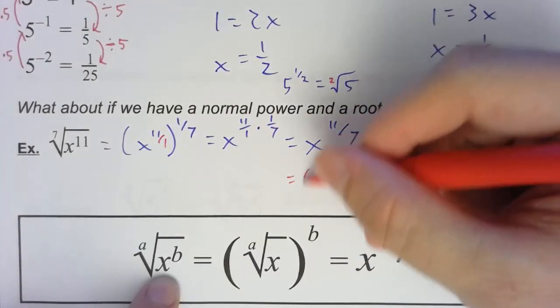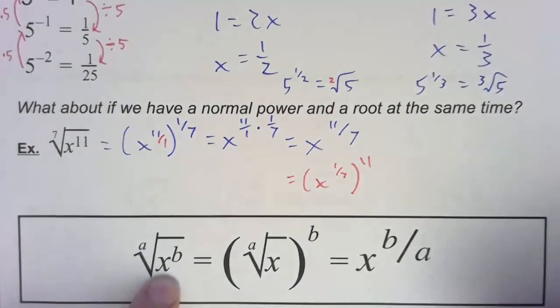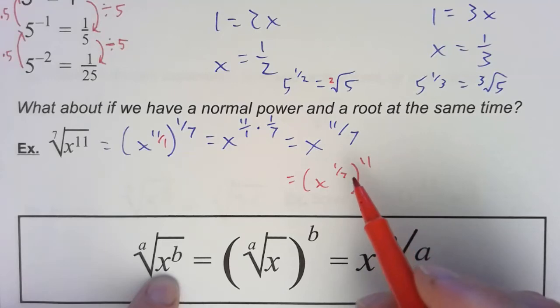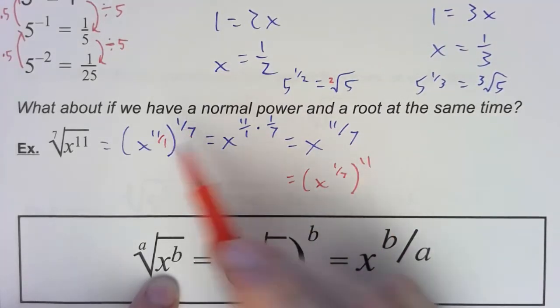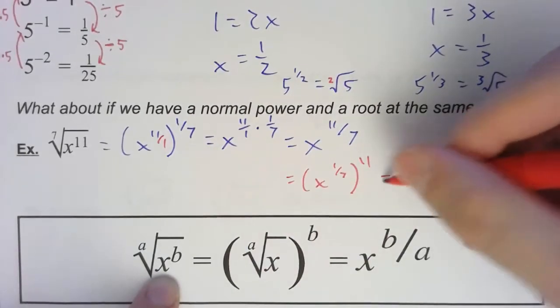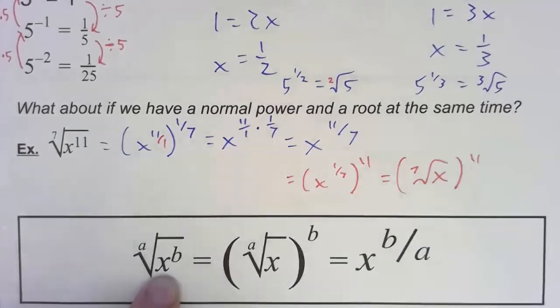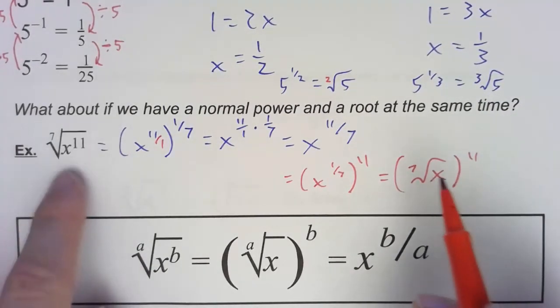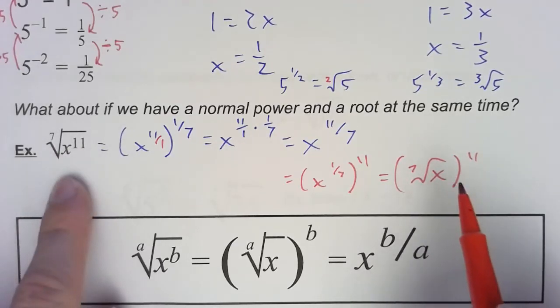So what about here if we had x to the 1/7 to the 11th power? That would be the same thing, right? 1/7 times 11 is the same thing as 11 times 1/7. And so this is the same thing as the 7th root of x to the 11th power there. It doesn't matter whether the root is inside or outside, the power is inside or outside, they're exactly the same thing.